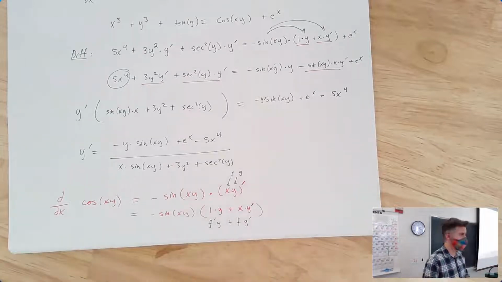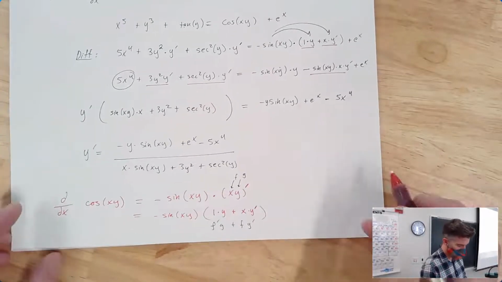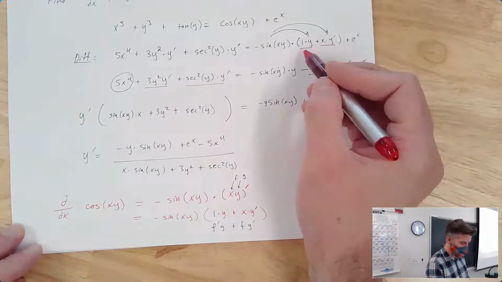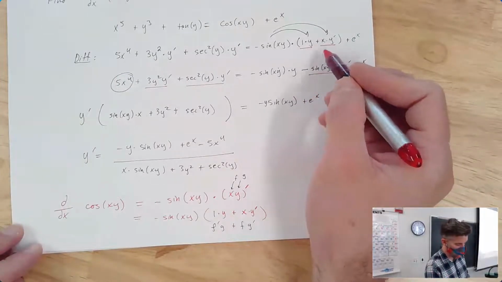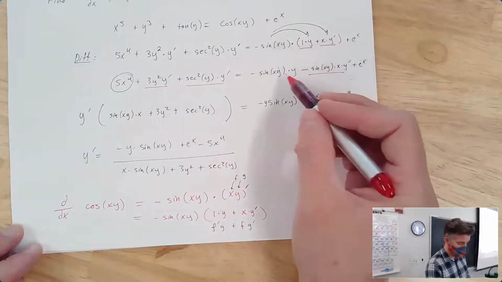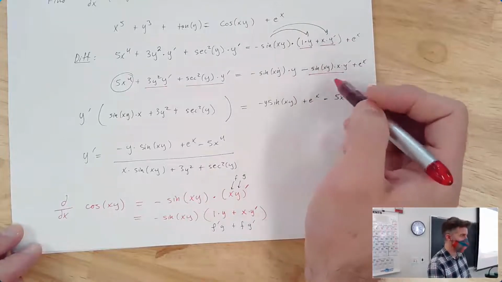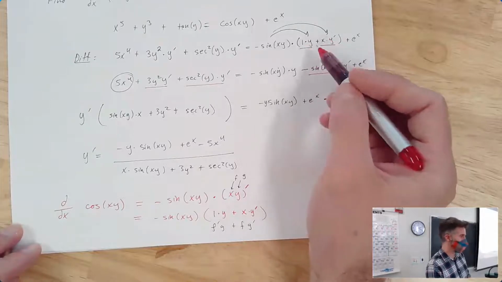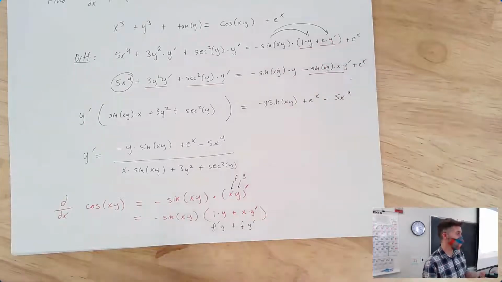So that's what's going on there, okay? Does that make sense? Since we have negative sine of xy times all that, and one of those terms has a y prime and one of them does not, we need to break that up because we're trying to isolate all the y primes together, and you can't do that until after you distribute. So that's why we're distributing there.